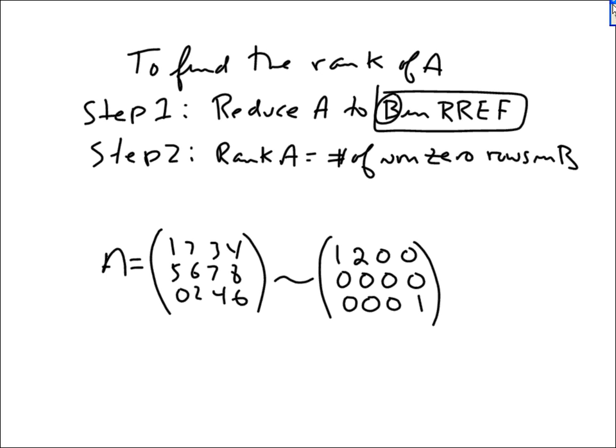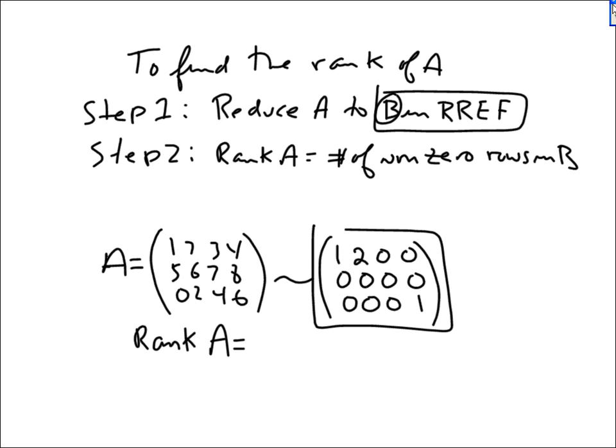Okay? So now I'm done. That was step 1. And step 2, I hope you realize, is trivial. Once you reduce matrix A to RREF form, just count the non-zero rows. Well, this is a zero row. So there are 2 rows that are not all zeros. The rank of A is 2.